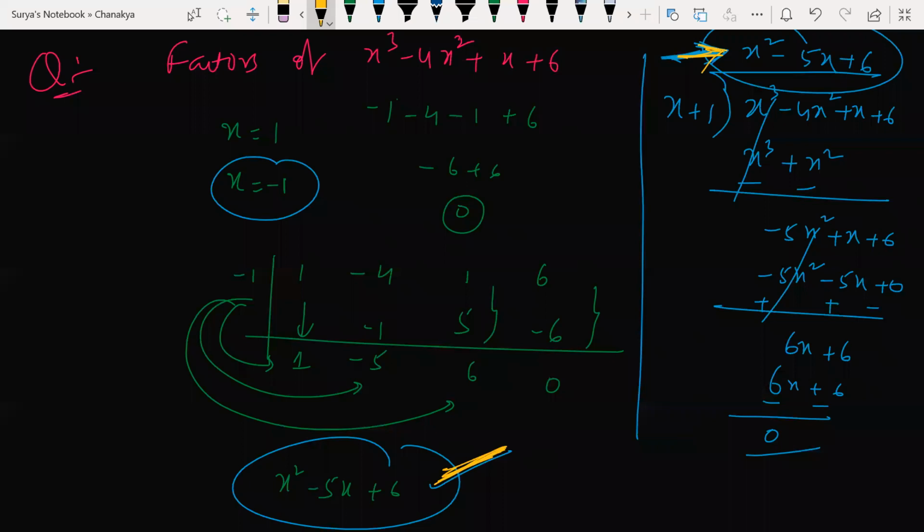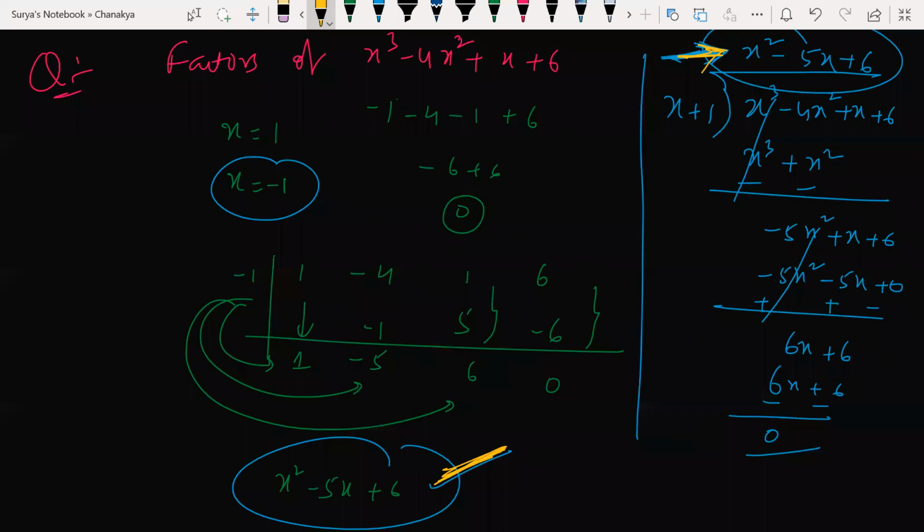Yes, sir. Sir, I think you have to learn this method, for people who don't know, because sometimes they might ask to factorize this and find the remainder. Look, factorization by using synthetic method is very easy, beta. If you want to factorize, first of all find out one factor, divide with that particular polynomial, you will get the quotient.